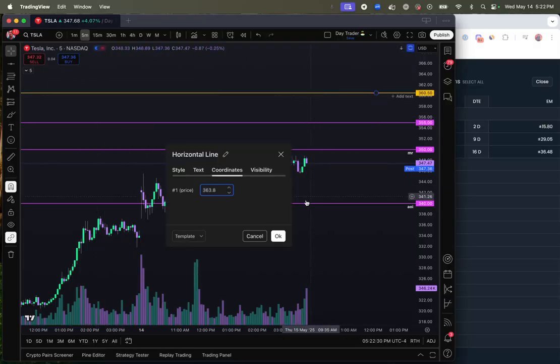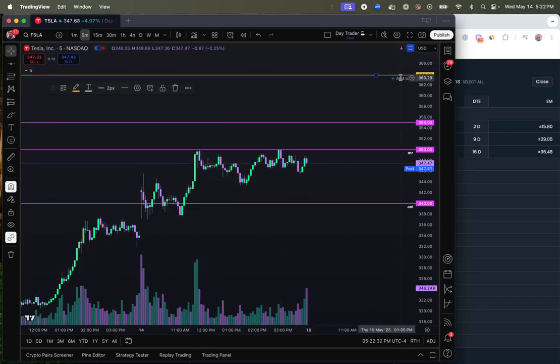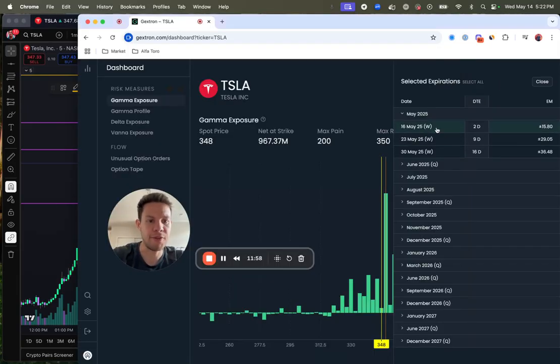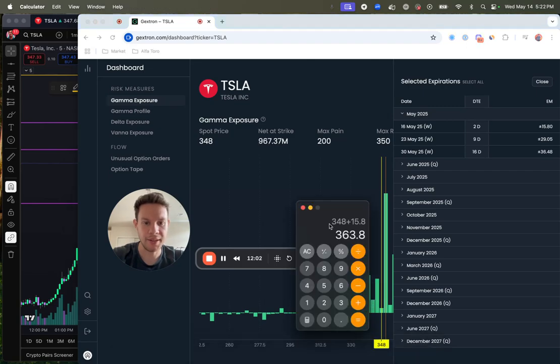I'm going to say WEM. This just means weekly expected move, because all these expire on Friday, right? That's what the W stands for. Now let's get the calculator again, and we're going to subtract. Minus 15.80, and now we have 332.20.